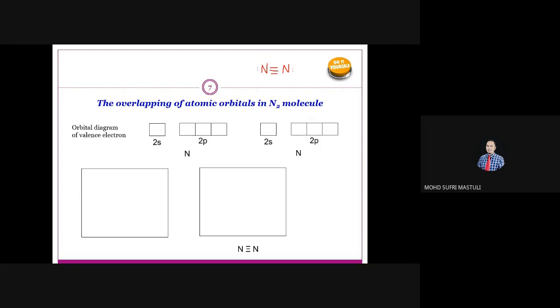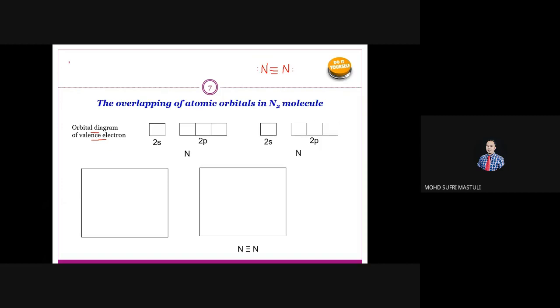So our task is to identify which orbitals are involved in the formation of the triple bond. Again, you should draw the orbital diagram of the valence electrons for each atom, then you can get the answer.